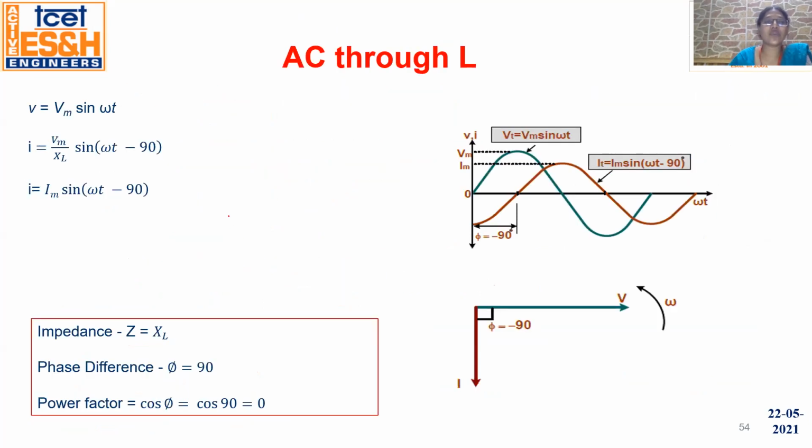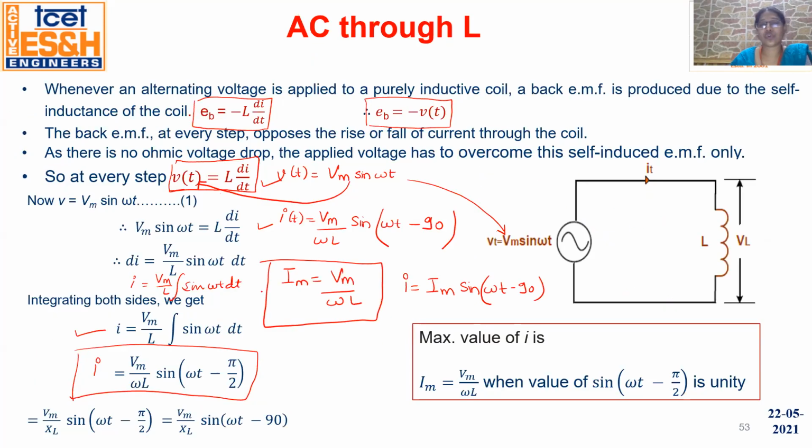So what does this equation represent? V is equal to Vm sin omega t, and I is equal to Vm by XL. Now where is this XL coming from? Omega L is nothing but represented as XL. Omega is 2 pi f, so 2 pi f L is equal to XL.